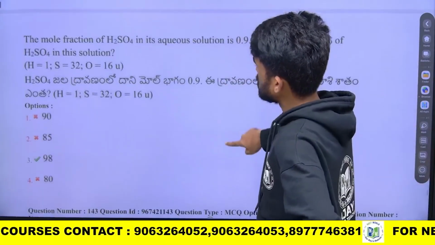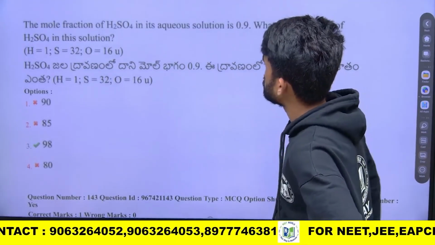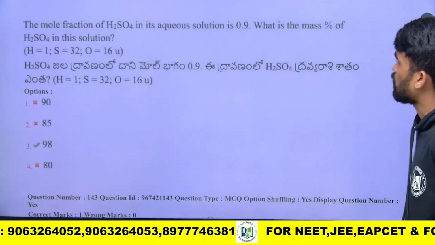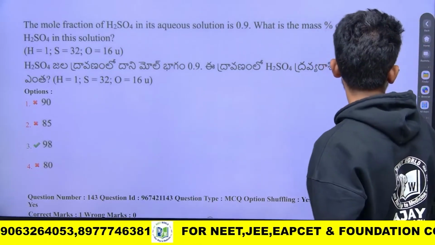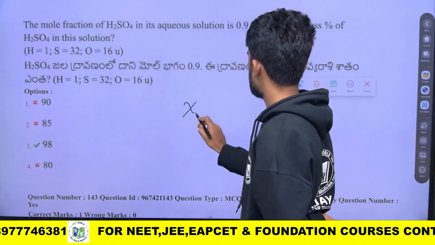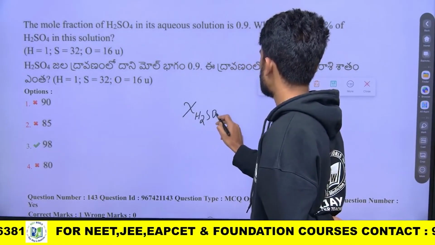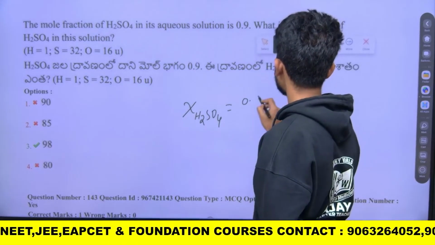Okay. Then next, the mole fraction of sulfuric acid in its aqueous solution is 0.9. What is the mass fraction? Okay. So now the mole fraction of sulfuric acid is given. So mole fraction, let us say for sulfuric acid, is 0.9. So how can I write mole fraction?